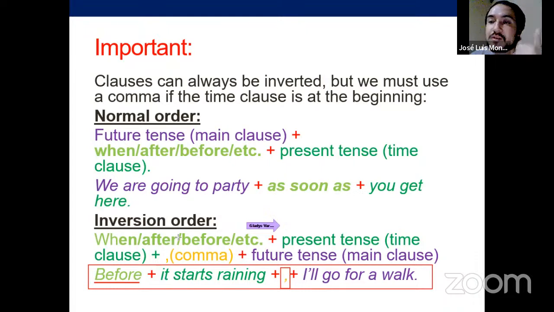Remember, you can use as soon as, you can use until. You can use one more, but 4 examples in total, and you need to use this formula. You have the word, the present, you have a comma, and you have the future tense. And here you have the example that you read a few minutes ago. So let me know, do you have any questions before we start with your examples?